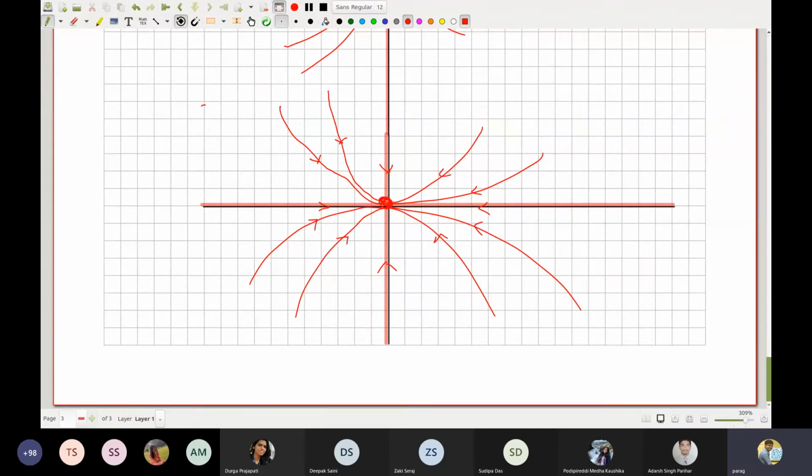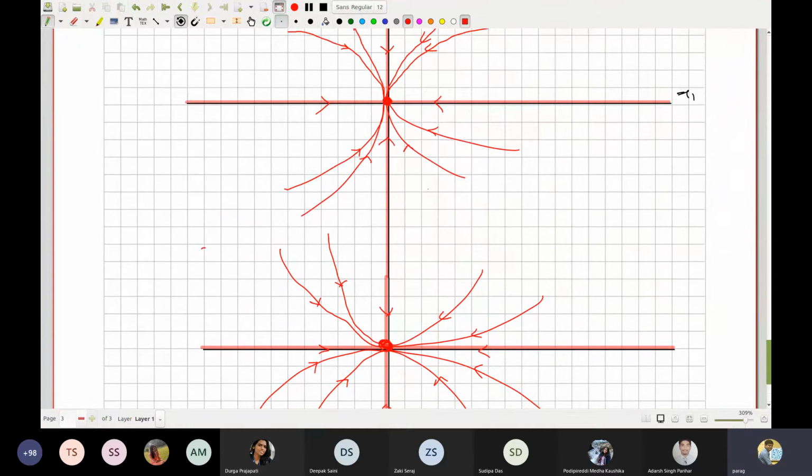So now the question is, which one is the correct phase portrait? The upper one or the lower one? To know that, what you need to do is this. You know that your system of equations, if you solve this explicitly, what you are going to get is dx1 by dt equals ax1, so x1 equals x10 e to the power at.